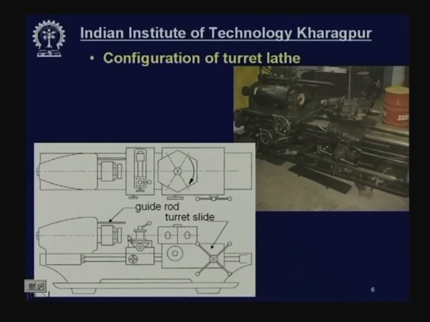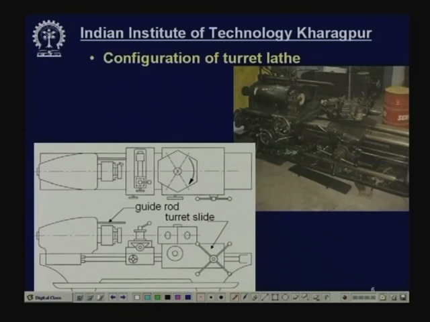So, this is a heavy duty lathe. Another difference is that in the capstan lathe the blank is always bar type, rod like, but in the turret lathe it can be rod like as well as chucking type. Here you see the chucking type, the jobs are held in the chuck, unlike the capstan lathe. Both the capstan lathe and turret lathe are semi-automatic and used for batch production.